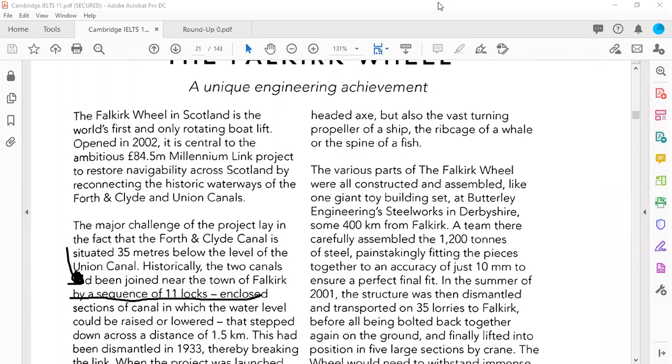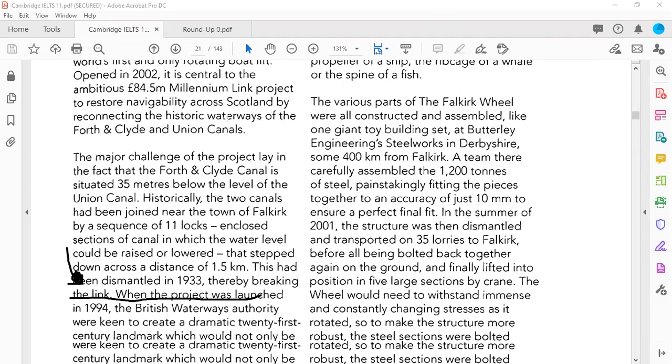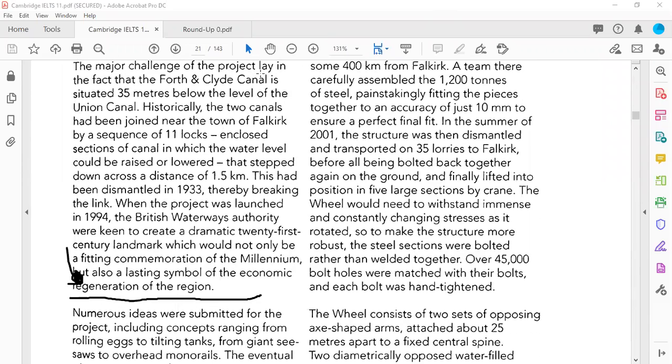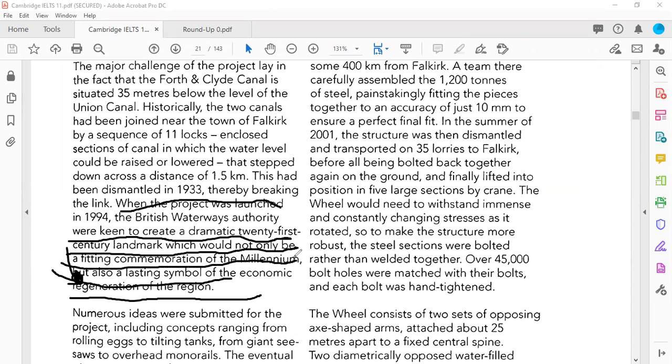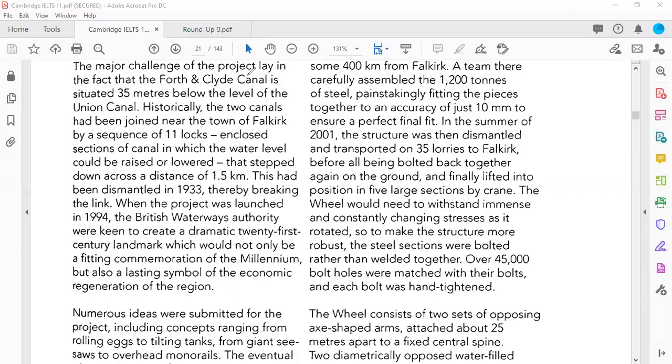I'm not going to read too far, I'm just going to underline this. I think false. I think not given. Okay, let's take some time. When the project was launched in 94, the British Waterways Authority were keen.